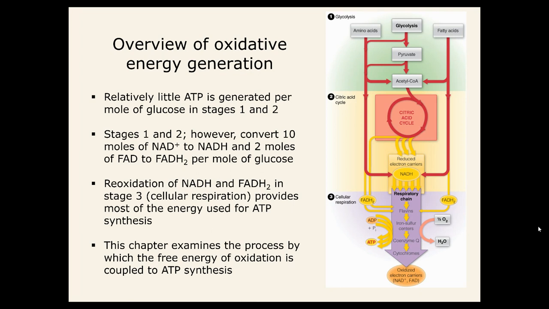That flow of electrons, or current, is important because it's going to do some mechanical work. It's going to help pump what are called protons from one side to the other, and then ultimately set up a process that allows for the formation of ATP.